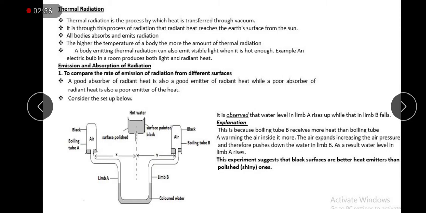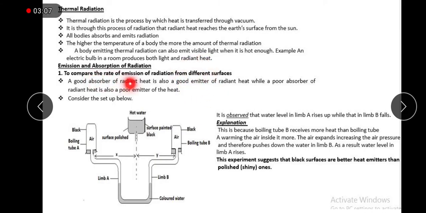Now, here is a point that I want you to note, that a good absorber of radiant heat is also a good emitter of radiant heat, while a poor absorber of radiant heat is also a poor emitter of radiant heat. This means that a body that absorbs heat very fast will also emit that heat at a higher rate.